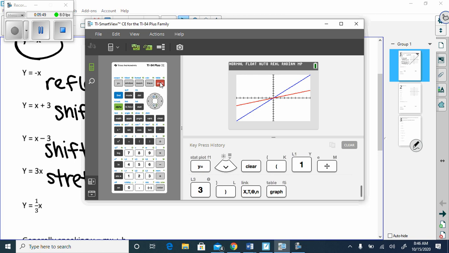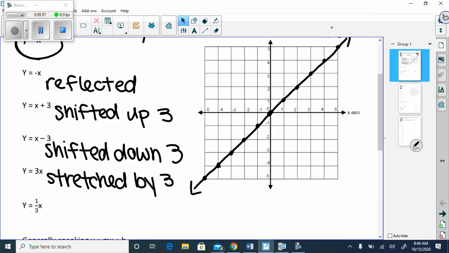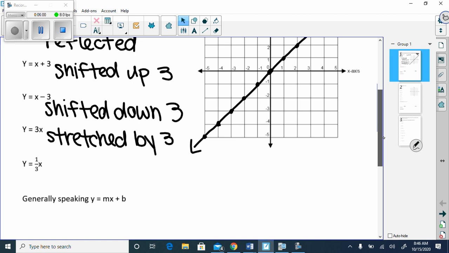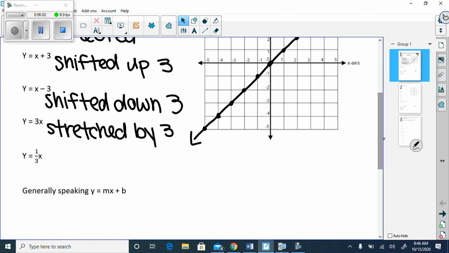They started at the same point. Alright, it shrunk, or it became less steep. That's exactly right. So I would say this one had a shrink by 1/3. Or became less steep, we might also say.